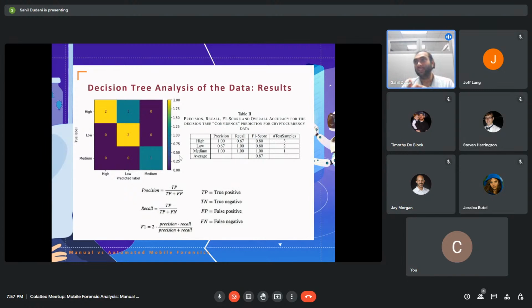So in this case, the average F1 score for high, medium, and low target values is about 0.87.